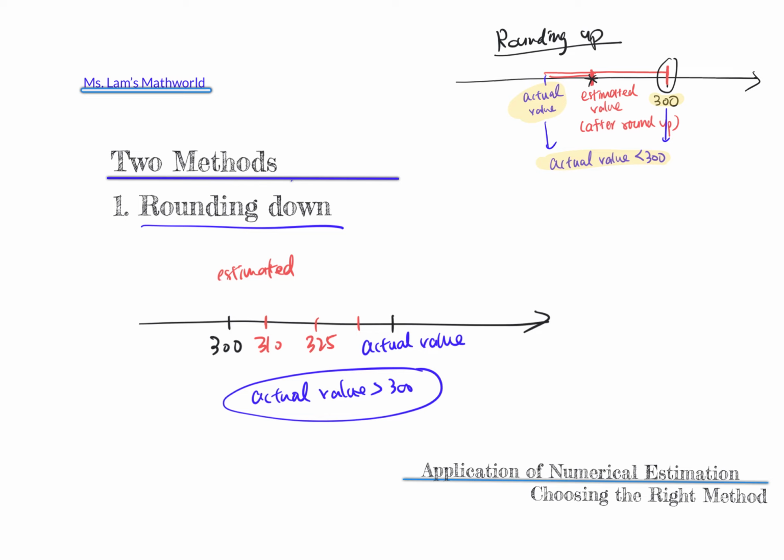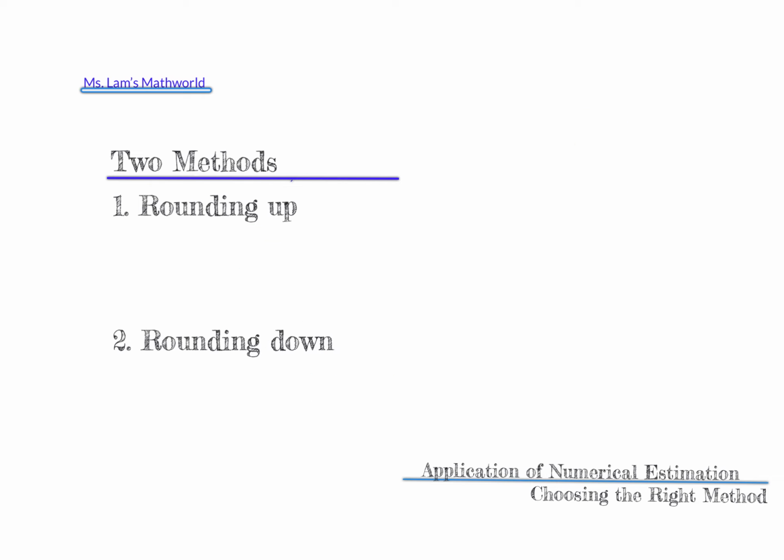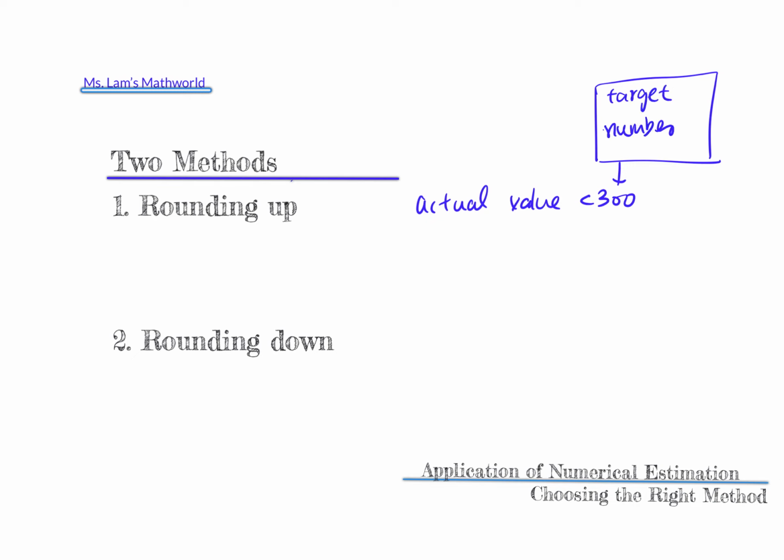Alright, these are the basic rules for this. That means, if I want to use rounding up, you are showing the actual value is less than 300, or whatever the target number of the question is.